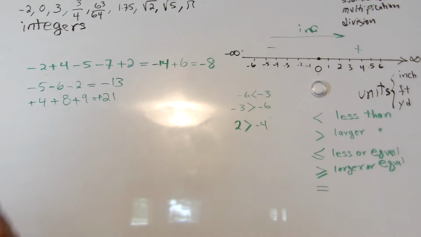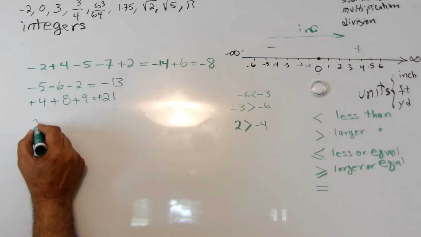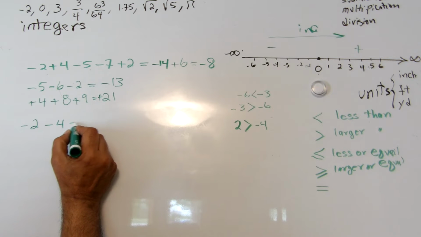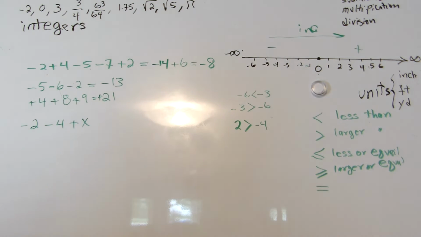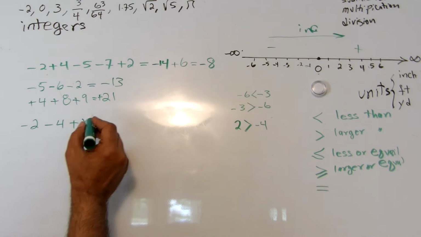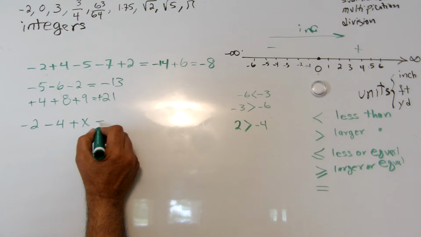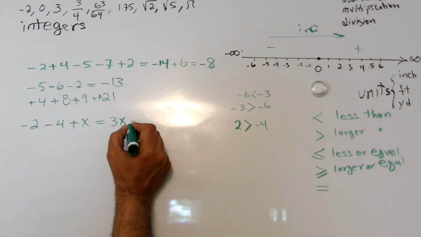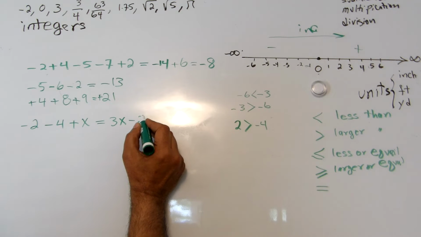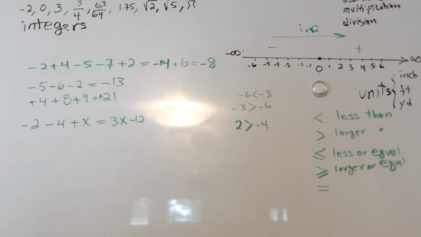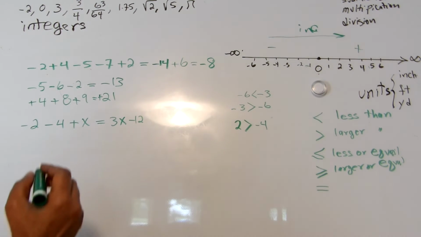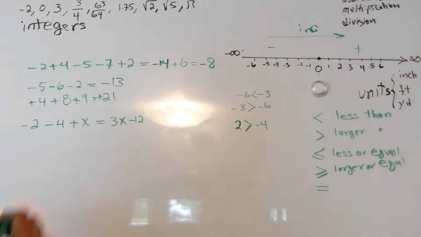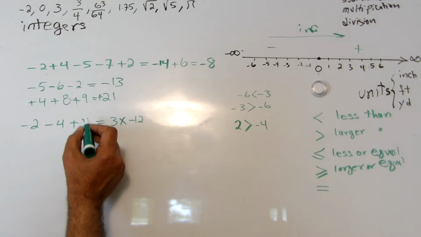Let's solve an equation like 2 minus 2 minus 4 plus x. X is an unknown number, and we want to find x, equal to 3x minus 2 minus 12. And how do you solve this problem? Okay, first of all, you bring these two together.